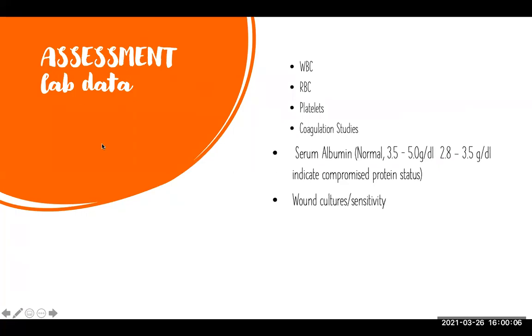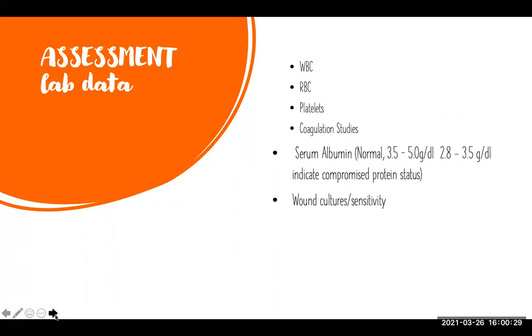Other things that we're going to assess include labs. These are the major labs that we're going to look at: the white blood cell, the red blood cell, platelets, and coagulation studies. White blood cell is going to indicate whether or not there's an infection. Red blood cell will give us an indication of their nutritional status and perfusion status.